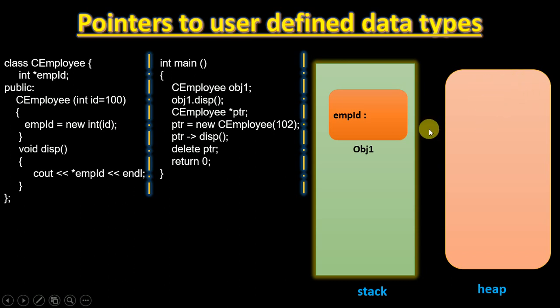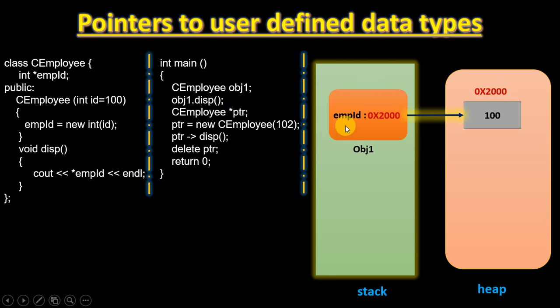First in the heap segment, memory will be allocated for new int, 100, at 0x2000. This is the address. Once the memory is initialized, this address will be given to emp id and it is pointing to this. Now the object creation is completed.